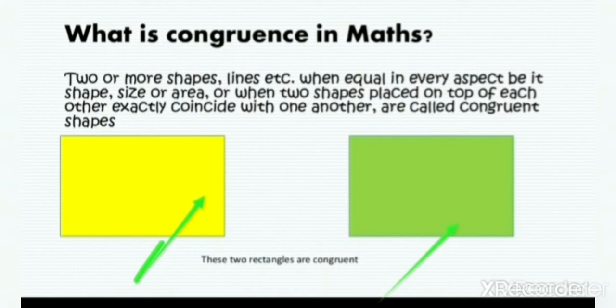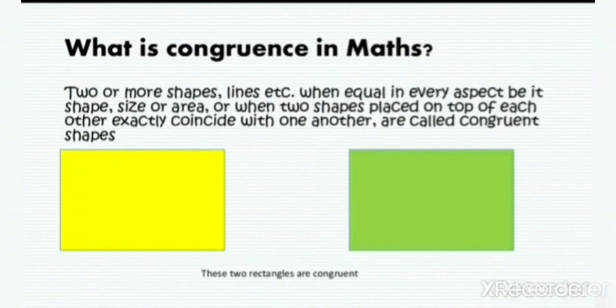If you place one rectangle on another, you can see that they both have exactly the same area. So we can say that these rectangles are congruent. In this way, the relation of two objects being congruent is called congruence.